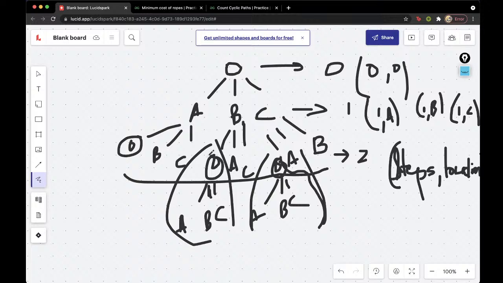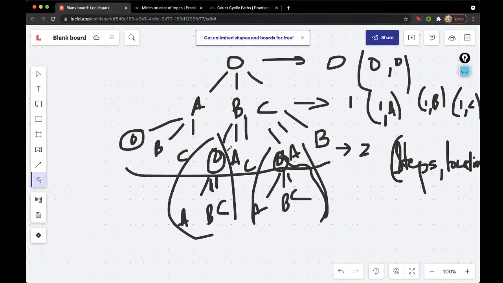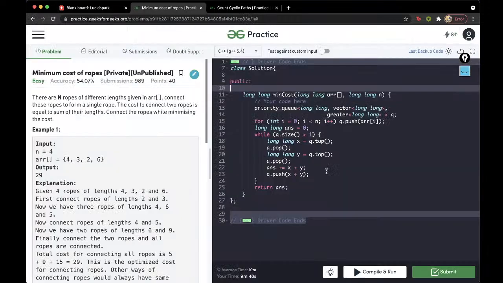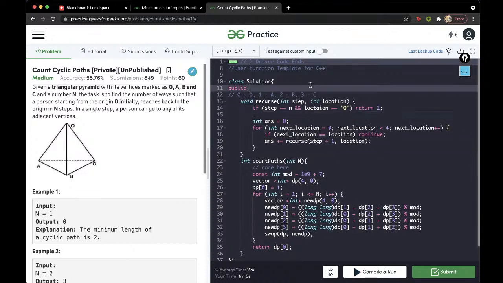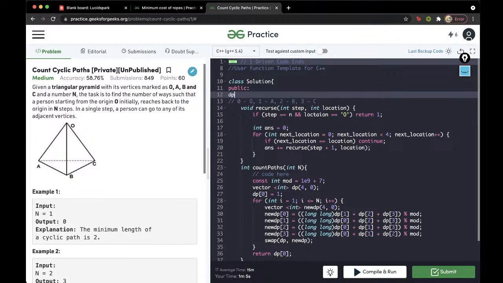So now how you reduce this is through something called memoization. Memoization is basically once you find the value of this subtree, you don't calculate it again, you cache it and keep it somewhere, you store the value. Suppose we define dp of x comma y, where x is the steps and y is the current location.